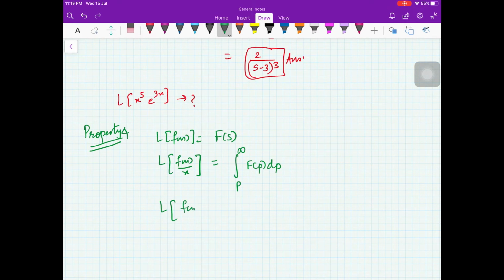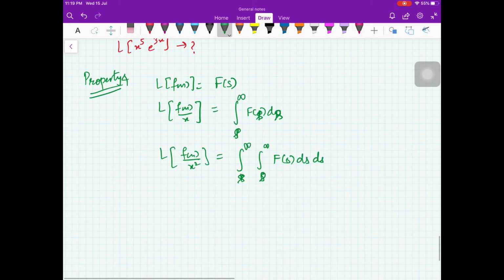And if I divide 2 times with x, that will be integral from s to infinity, s to infinity. I'm sorry, I'm using the variable p here. This is s, right? It's a dummy variable, doesn't matter. ds, and so on.